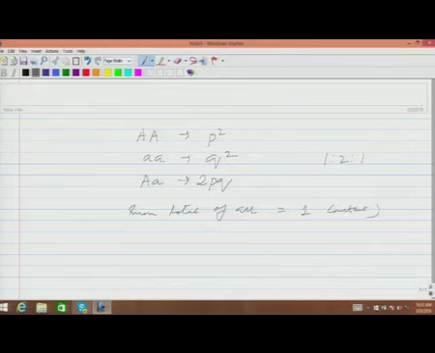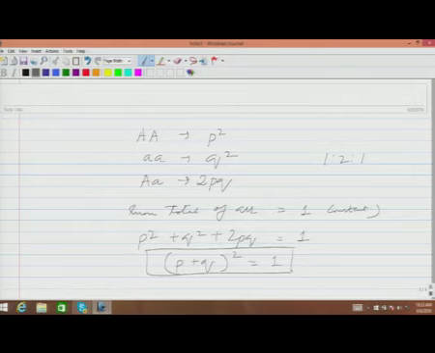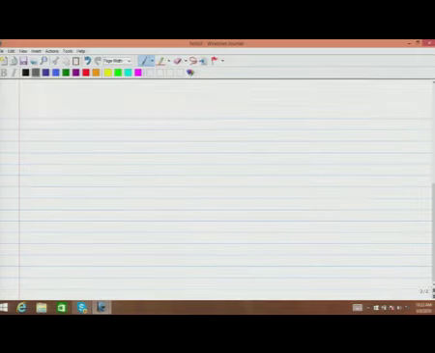So, it can be expressed in the form of p square plus q square plus 2pq is equal to 1, which gives you the binomial expansion for (p plus q) whole square is equal to 1. This is how we can represent the Hardy-Weinberg equilibrium. By using this mathematical expression, we can find out the frequency of occurrence of different alleles.